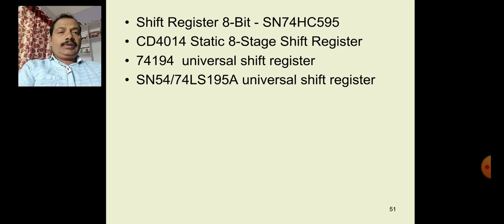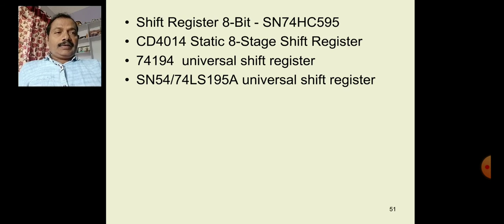The TTL IC shift register is 74595, and the CMOS IC is CD4014, and 74194 is the universal TTL shift register, and 195 is also available as a universal shift register. So these are a few IC numbers of TTL and CMOS shift registers.